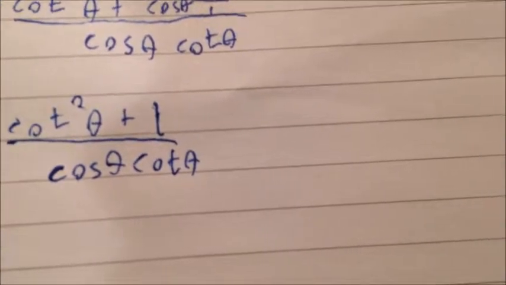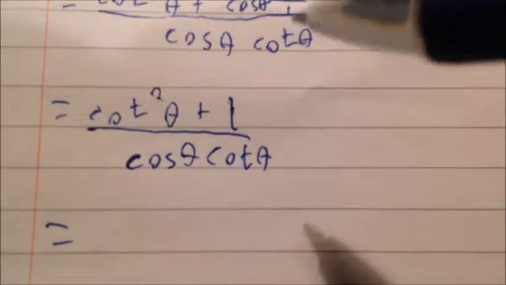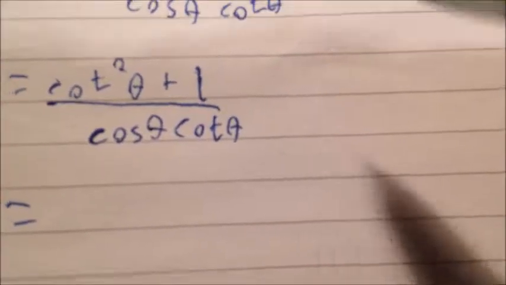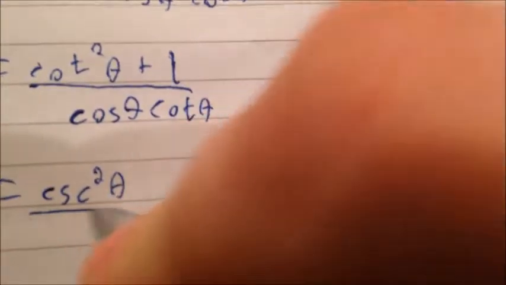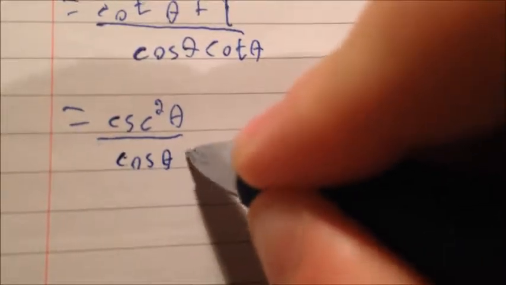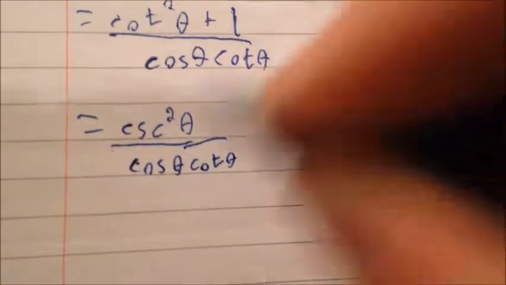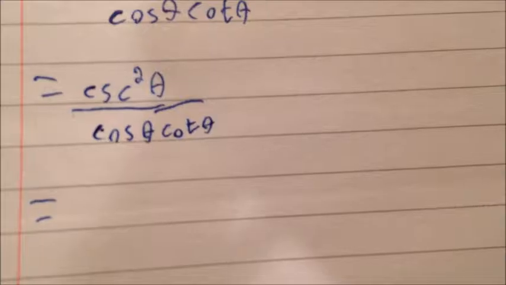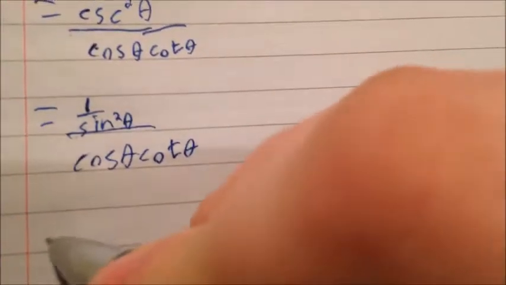Our next step is cotangent squared theta plus 1 equals cosecant squared theta, and it's still over cos theta cot theta. Our next step is to turn cosecant squared theta into 1 over sine squared theta, and it's still over cos theta cotangent theta.